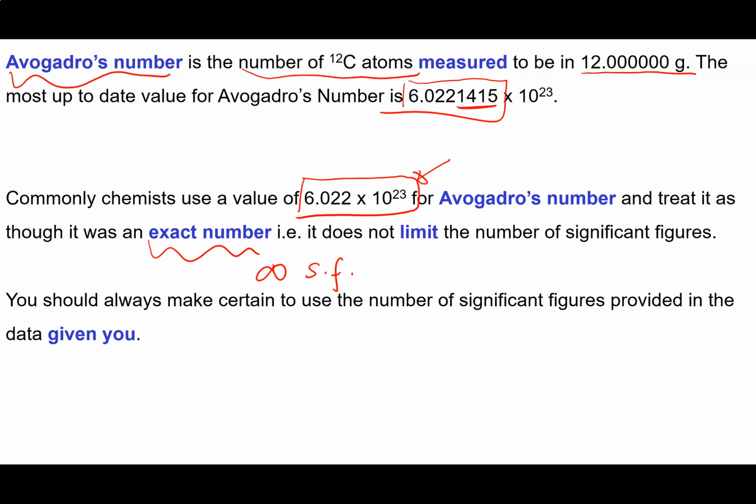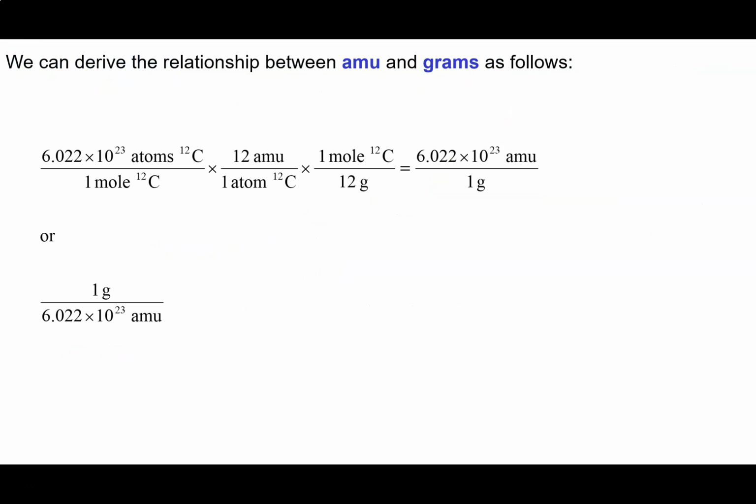That might be the data sheet that comes with an exam, or it could be the data sheet that comes with Alex or something like that. Key thing with all of these values is just use the one that's given to you in those circumstances. And then you won't have any issues.